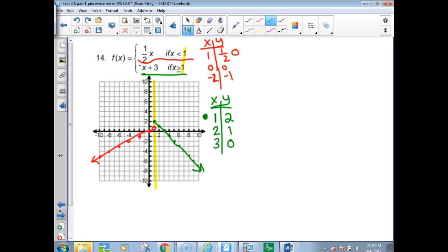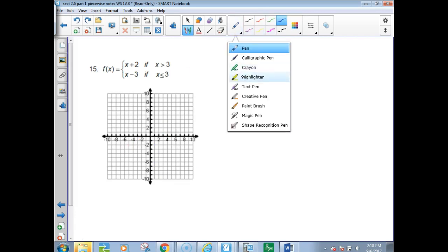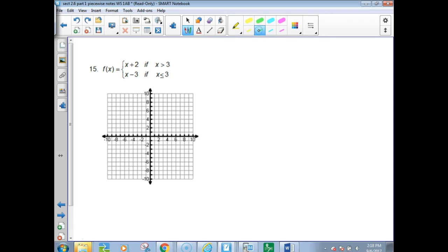Okay, now you know why we already graphed lines, because now we're taking it a step further. All right, number 5. Let's do some different colors for fun. Okay, this one has a different boundary of 3.